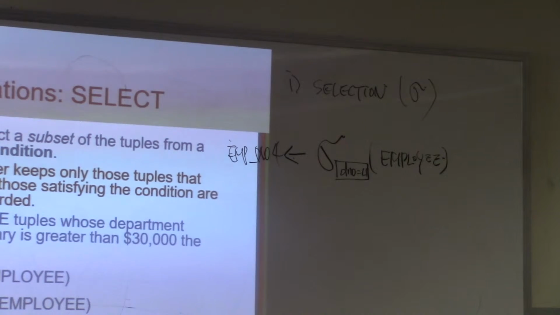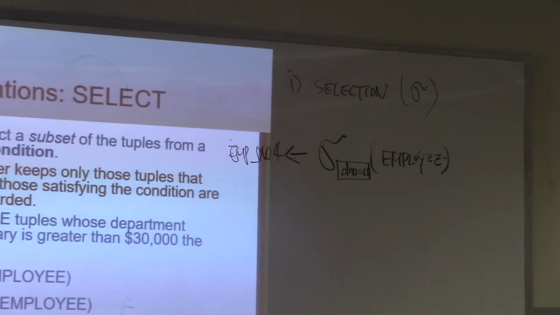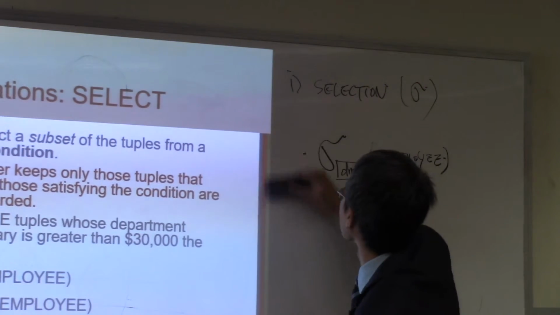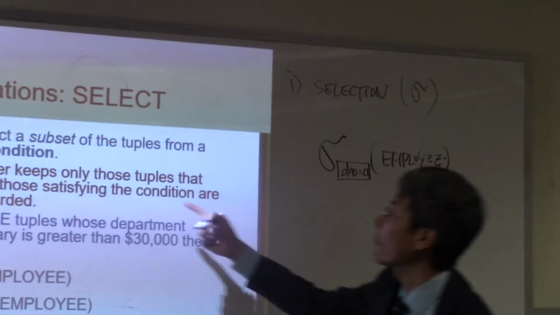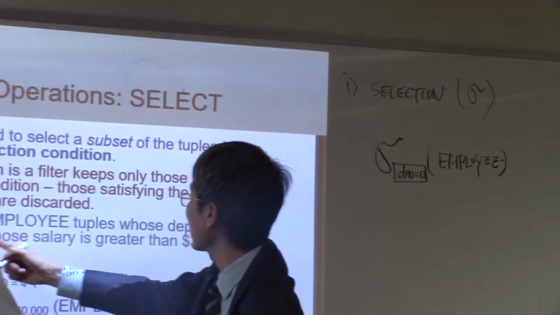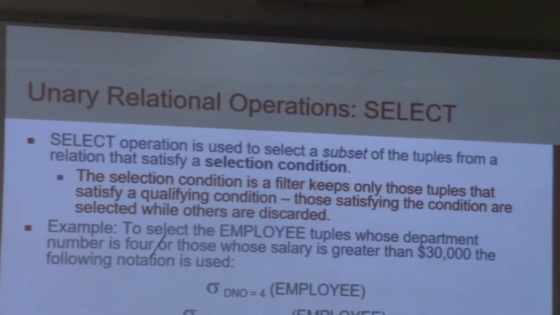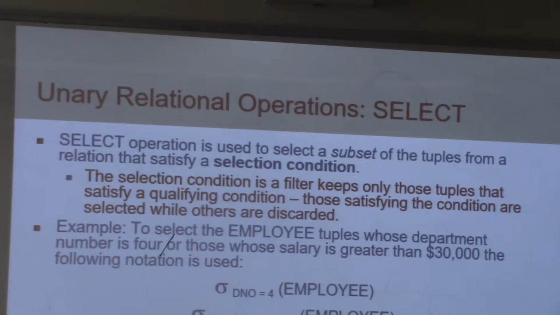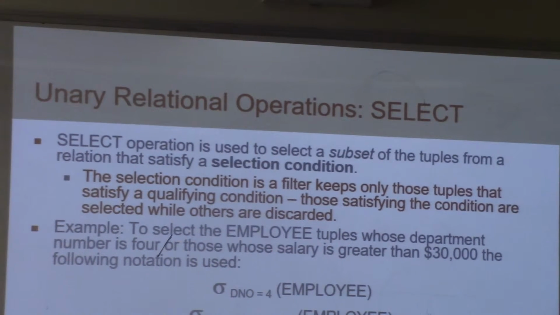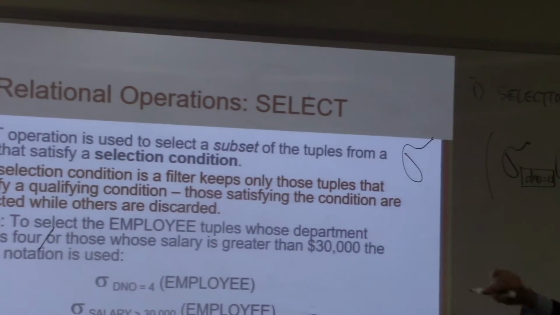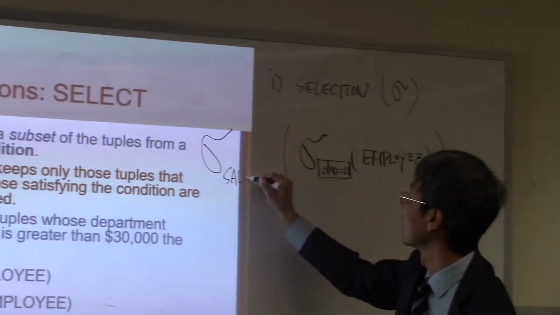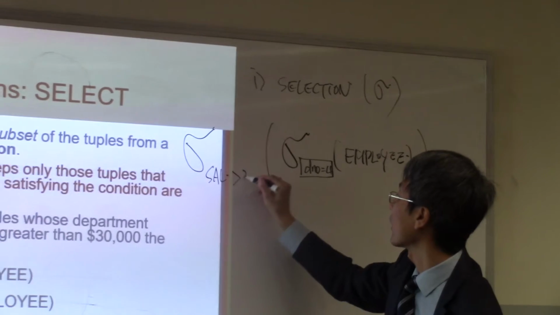Okay? Which means the output can be used as input of another operation. For example, we have another condition, that is whose salary is greater than 30. This is the relation. Okay? Select salary is bigger than 30K.